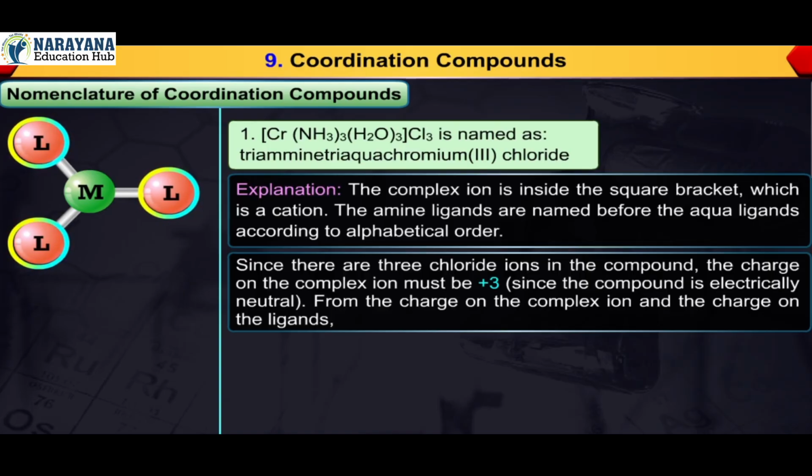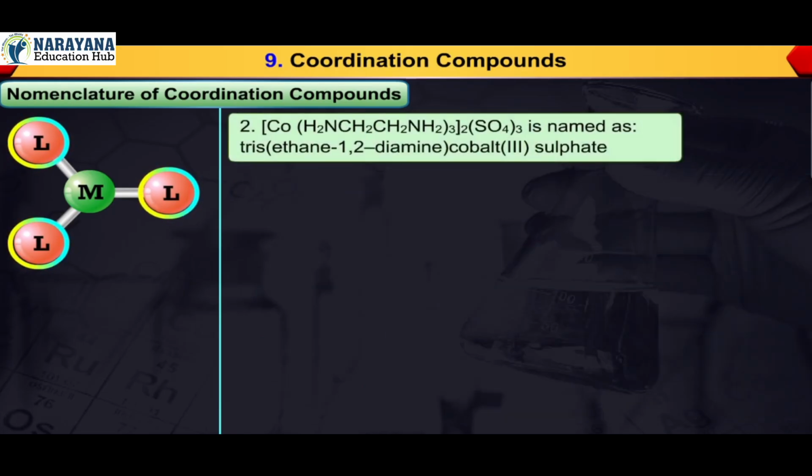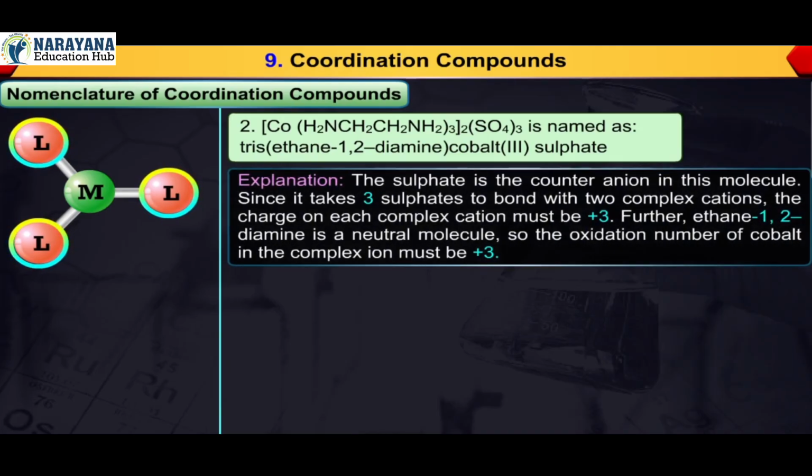From the charge on the complex ion and the charge on the ligands, we can calculate the oxidation number of the metal. In this example, all the ligands are neutral molecules. Therefore, the oxidation number of chromium must be the same as the charge of the complex ion, +3. 2. [Co(H2NCH2CH2NH2)3]2(SO4)3 is named as tris(ethane-1,2-diamine)cobalt(III) sulfate.